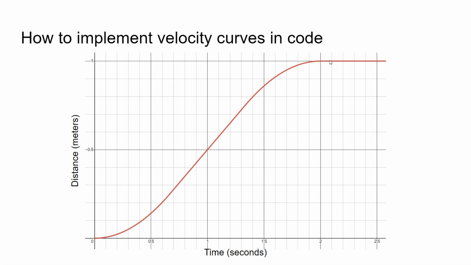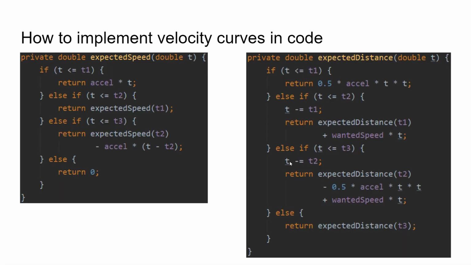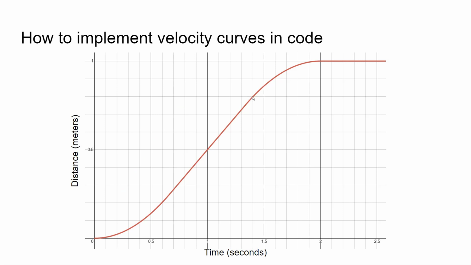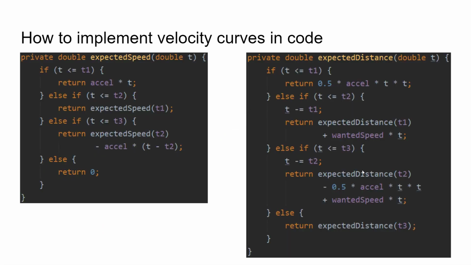here, the decelerating curve, we're going to again shift our t value back such that this position right here where the curve starts becomes t equals 0. And we're going to return expected distance t2. Same idea, we're starting out where we left off in the previous section, minus, again, same idea, we're taking the antiderivative of negative xl times t, so that's why it's negative half xl times t squared.